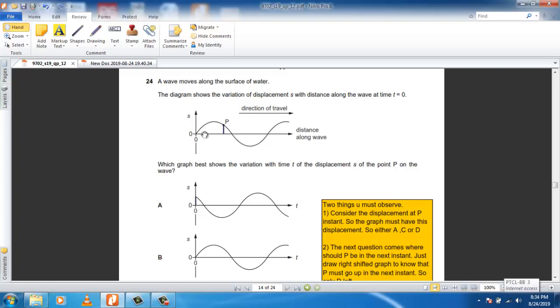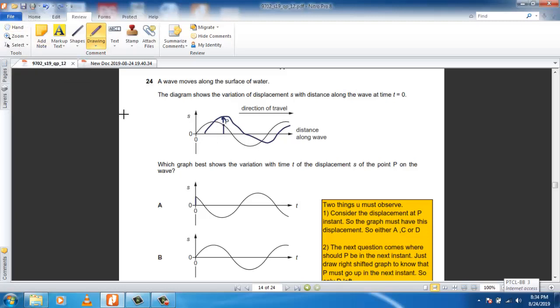So for it, you just have to make a next instant graph, a right shifted sine graph, similar to this, a right shifted a bit. You will come to know that P goes up. If you move it over here, then you will notice that the point P goes up.